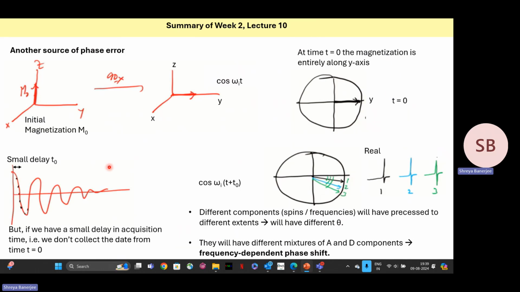Another way in which phase error can come is that, suppose the data, instead of taking from time t0, because of some problem in the machine, we have started collecting a little later. So suppose this small time shown by the arrow is t. So instead of time t0, we are collecting at t plus t0.